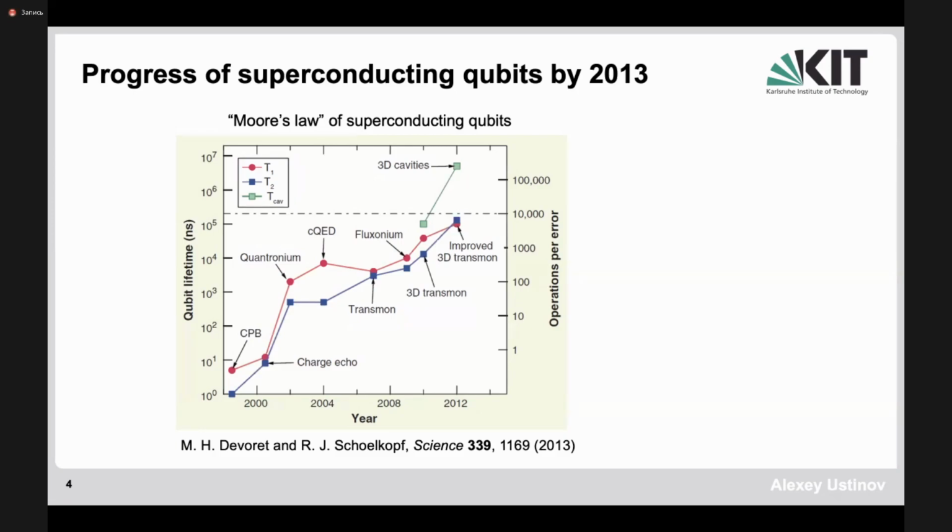The coherence of the order of several hundreds of microseconds, which was a kind of record at that time for three-dimensional transmons, became more or less normal for planar two-dimensional transmons used in modern superconducting quantum computing architectures. But the record times stagnated around a millisecond or even below that. And there is a very fundamental reason for that, which we are going to discuss in this lecture today.